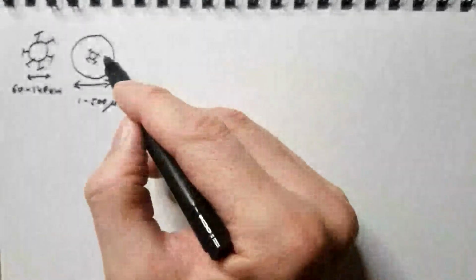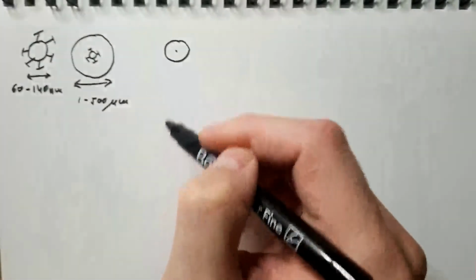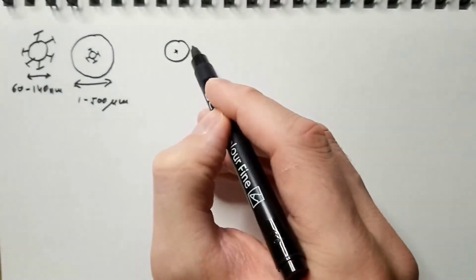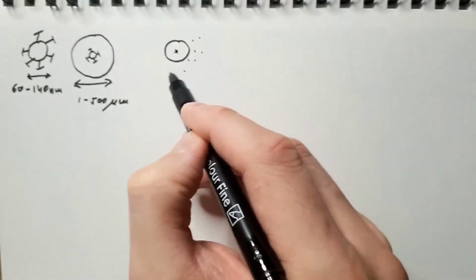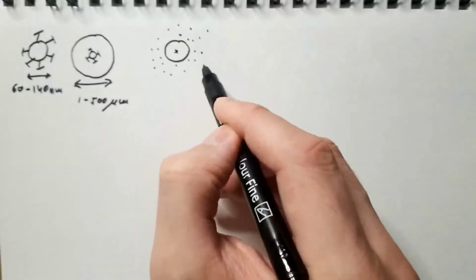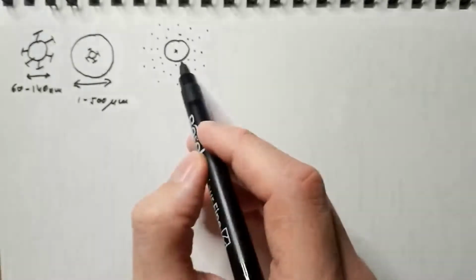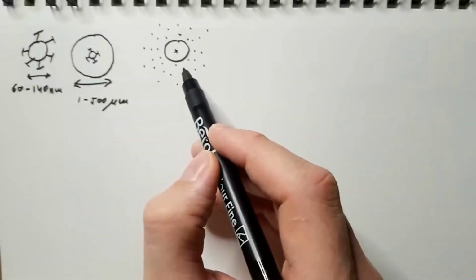Now, what happens is that this droplet, let's say this is our droplet with the virus inside, is in the air surrounded by millions and millions of molecules and atoms. And they are bombarding this droplet from all sides.